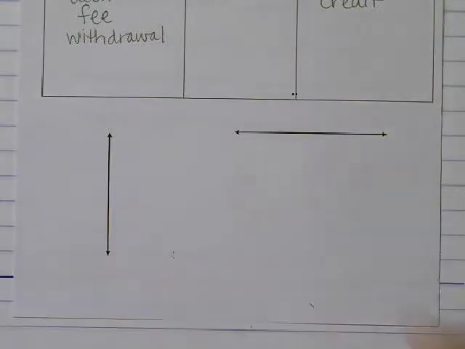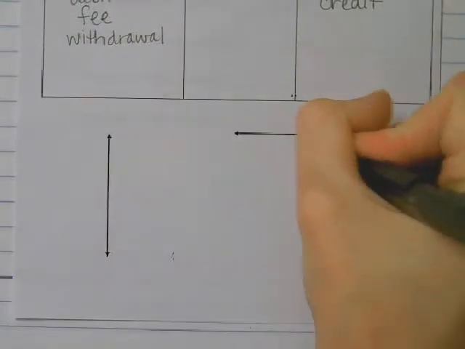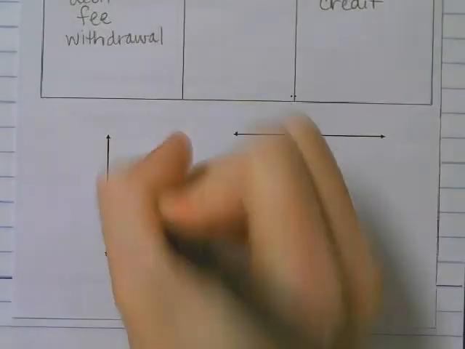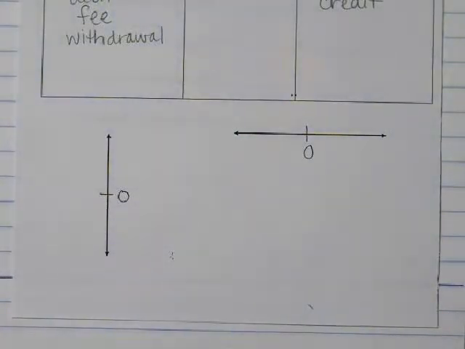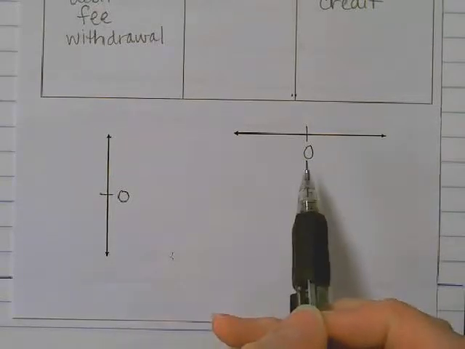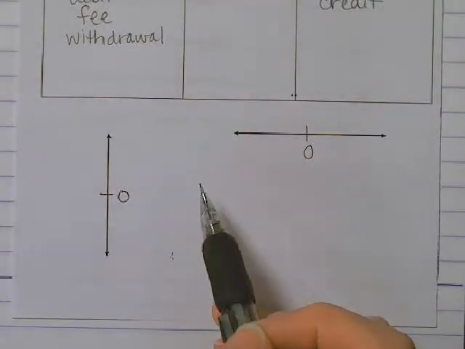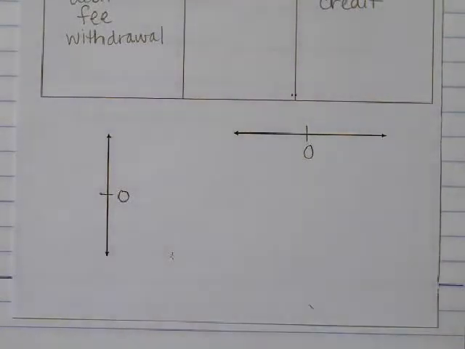But a lot of times, you usually label 0 somewhere on those number lines. In fact, you could have a number line that doesn't even have 0 labeled. But somewhere, if you were to continue that number line, 0 would be there. But we're going to put 0 in the middle on both of these to basically show the difference between our positive and negative.